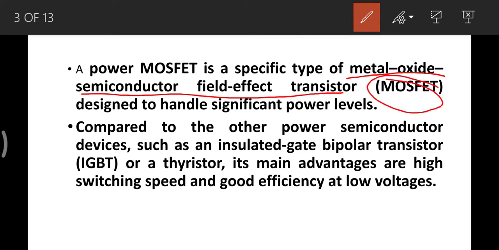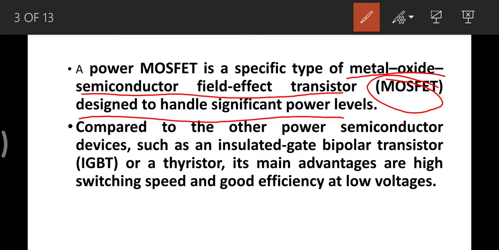This MOSFET is also one of the devices which come under transistors. This is specially designed to handle high power levels. Compared to the MOSFET, the power MOSFET is designed for operating at high power levels.